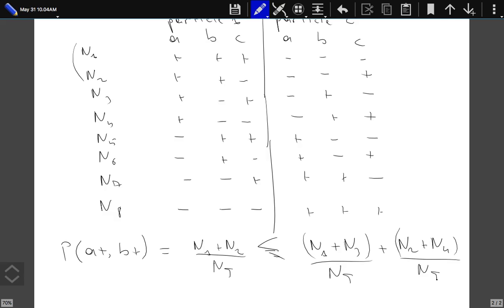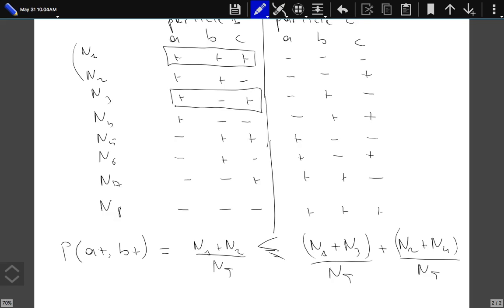Now, why did I add N3 and N4? Well, this inequality definitely holds because N3 and N4 are larger than or equal to 0. They are just numbers. They can be 0 or larger than 1, so I'm basically adding a non-negative integer to N1 plus N2 on the right-hand side. So the number gets larger. That's why I have the less than or equal to sign.